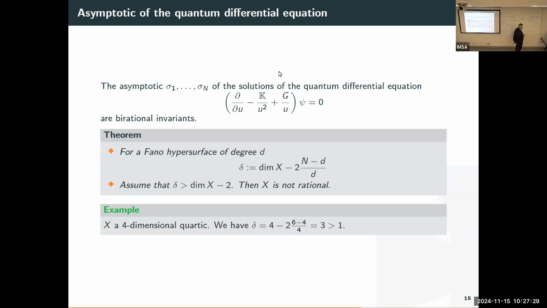That's a different way to prove that the three-dimensional cubic is not rational. So observe that in dimension 4 this doesn't work. So we get this number to be equal to 2. That's why this criterion doesn't work for the three-dimensional cubic, but a different one with algebraic cycles does work in this case.